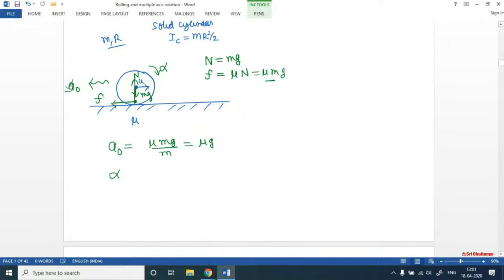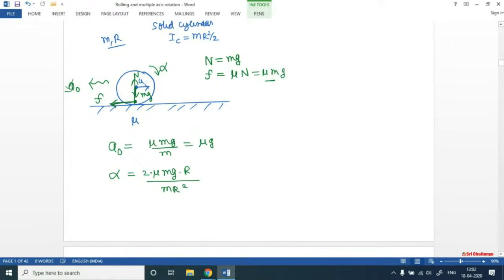Similarly, we can get the angular acceleration alpha, whose direction is shown in the diagram. The friction force here would be producing a clockwise torque about the center of mass, which is nothing but F times R. So that is mu mg into R, and that divided by the moment of inertia of this cylinder about an axis passing through the center of mass, which is mr square by 2.